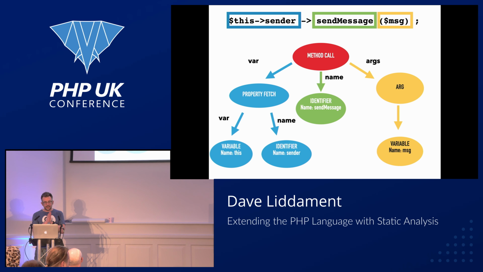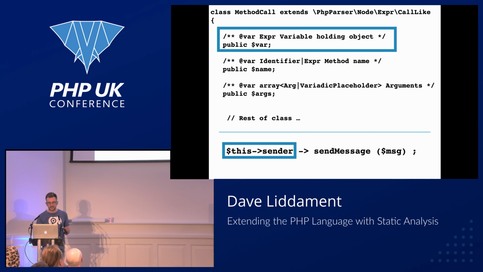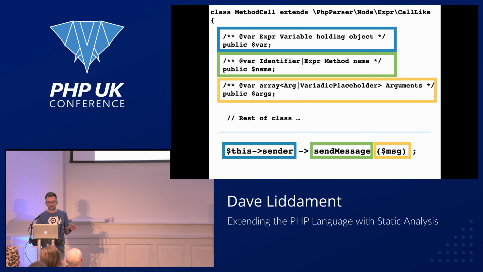And if we look in Nikita's PHP parser library, and we go and find the method call, at the top of it, there's these three public properties. There's the var, the name, and any arguments we're passing to it.